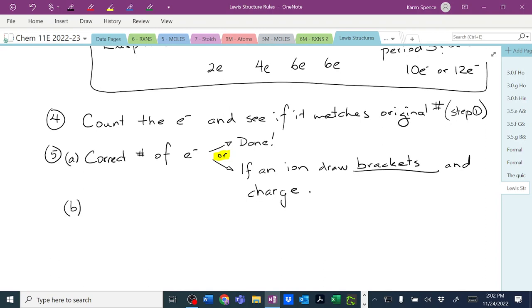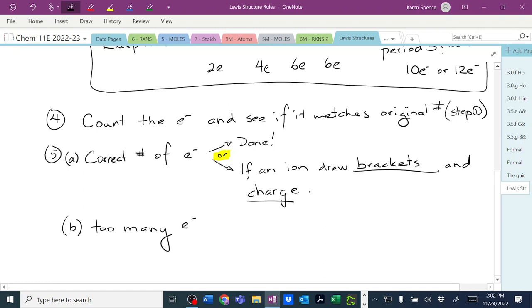So we're good. Okay. If we have the correct number of electrons, we're done, or if it's an ion, we draw brackets and charge. What if we have too many electrons?